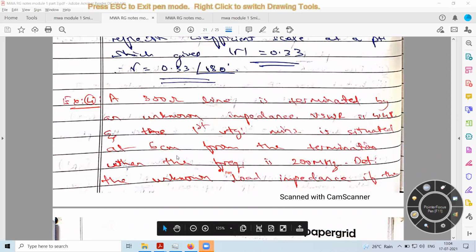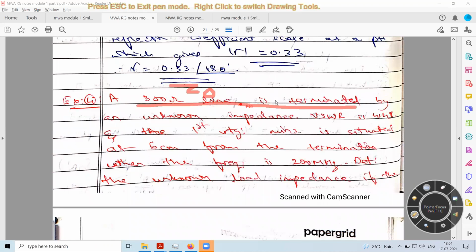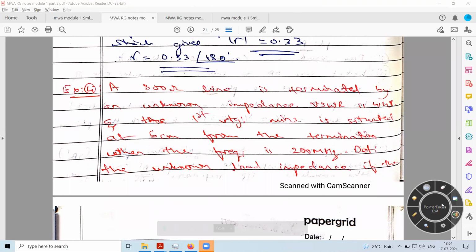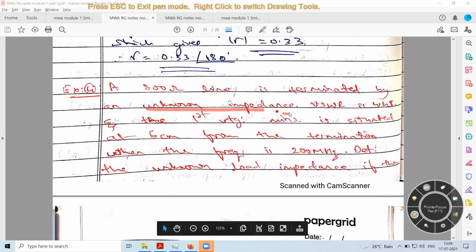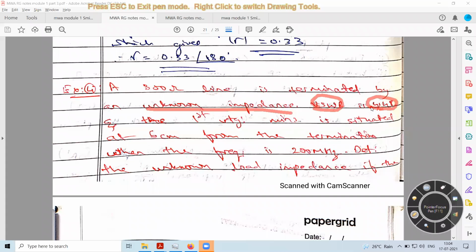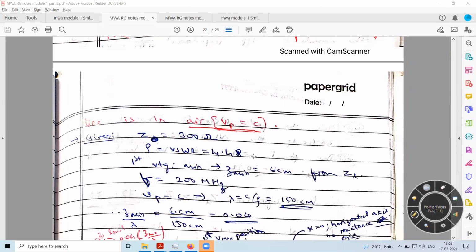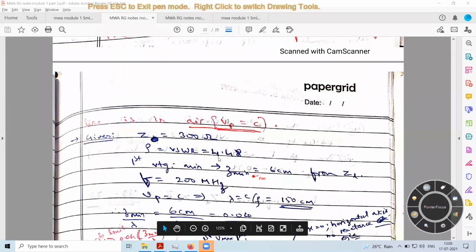He has specified that a 300 ohm line is terminated, which is nothing but the characteristic impedance of the line. The load impedance is unknown, and I have to identify it. He has specified the VSWR to be 4.48 and the first voltage minima occurring at 6 centimeter from the termination, that is the load.